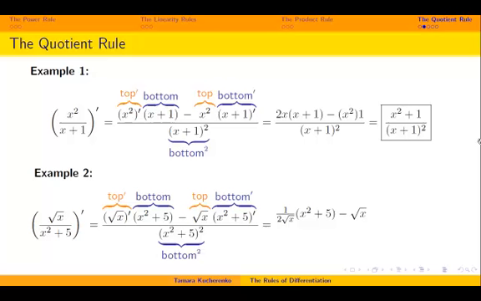The derivative of x squared is 2x. The derivative of 5 is 0. So the derivative of x squared plus 5 is 2x. We divide it by the bottom squared, which is x squared plus 5 squared.